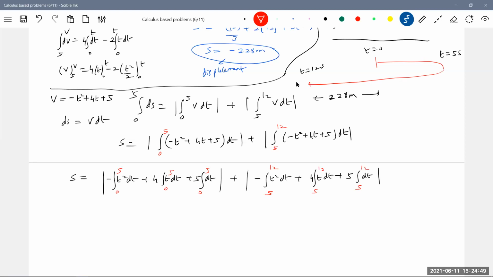If you tell me, I'm going to just add up those values. Anybody? The first mod, the magnitude of that?